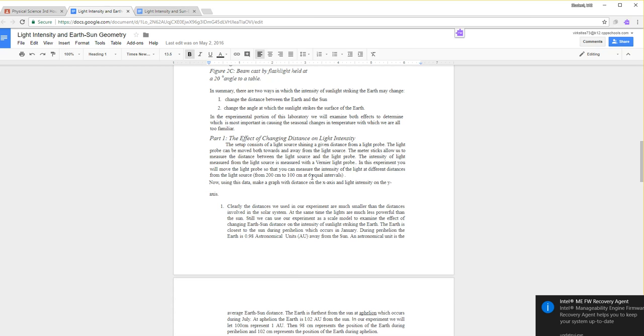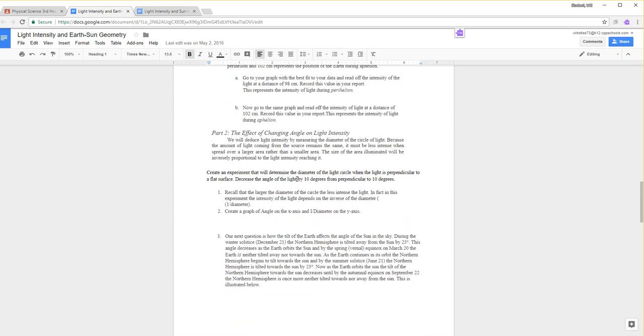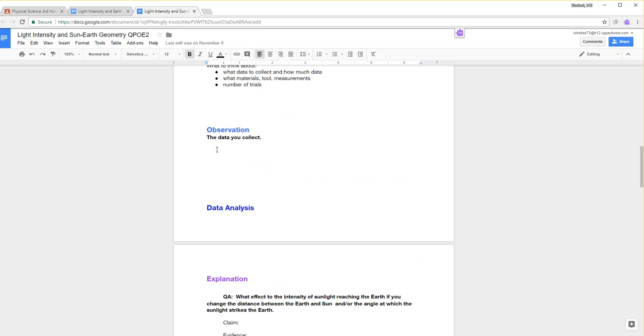The intensity has no units, and the distance from the light source is in centimeters. So that's only one table there. The second table was from part two, and this is where you had to create a graph of the angle on the x-axis and 1 over the diameter on the y. So for the observation, you only have two data tables here.